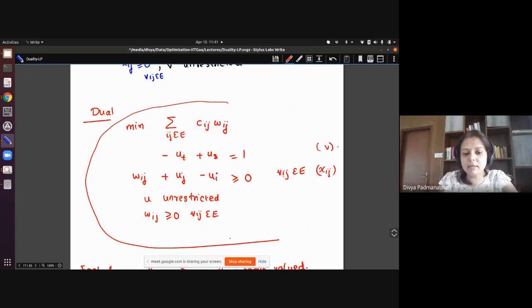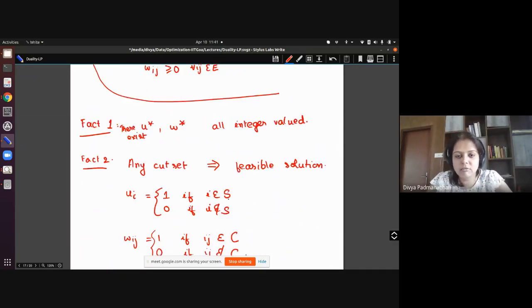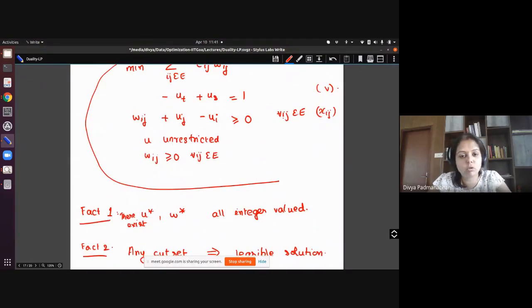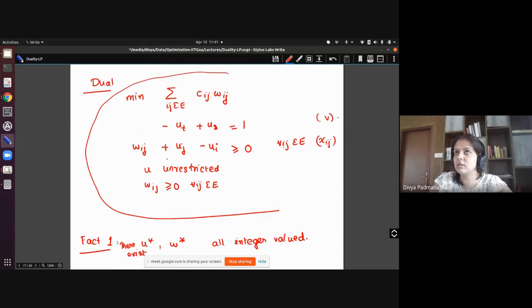So the program will always try to make these wij values as low as possible. 0 is the lowest value it can take, which is most ideal. But because of these constraints, it cannot set wij to be 0 for everything.